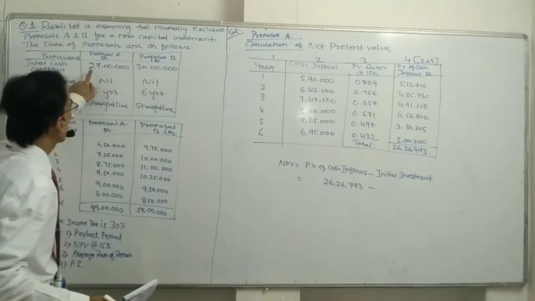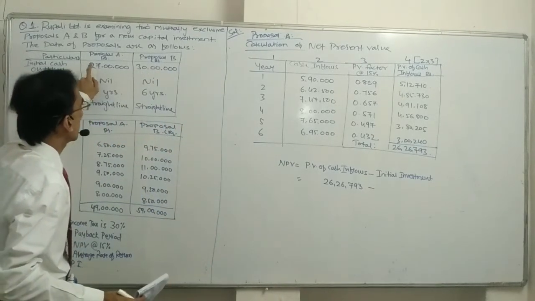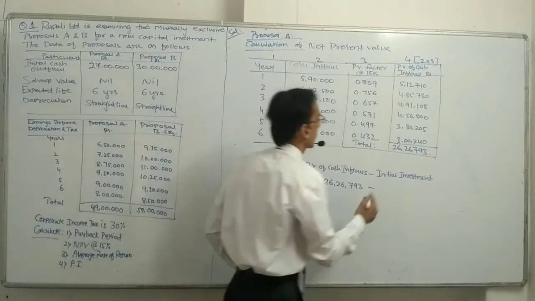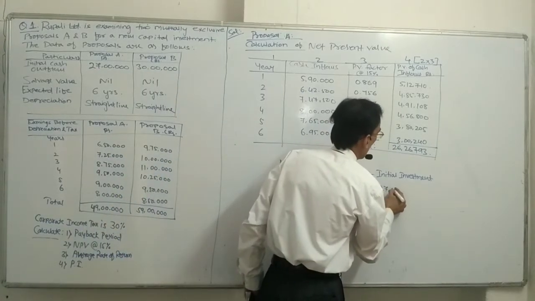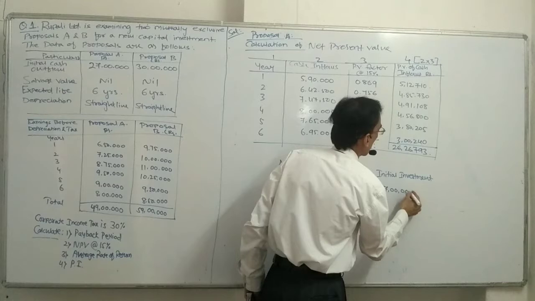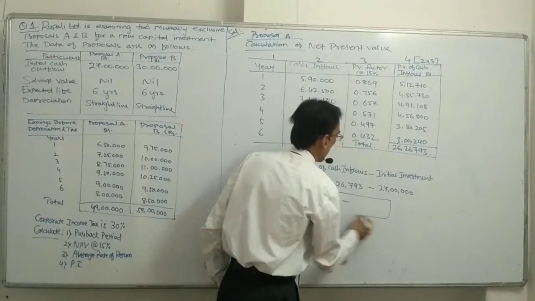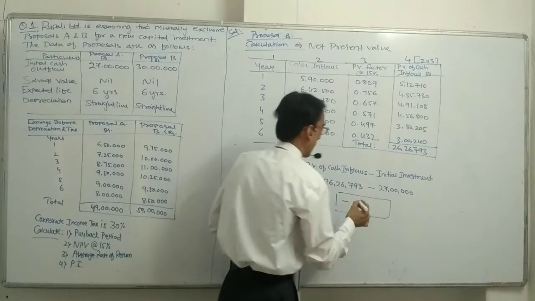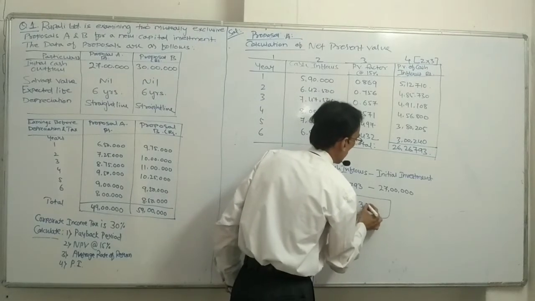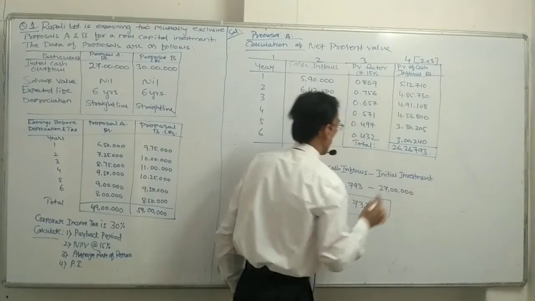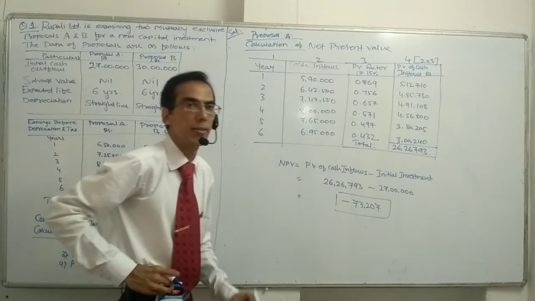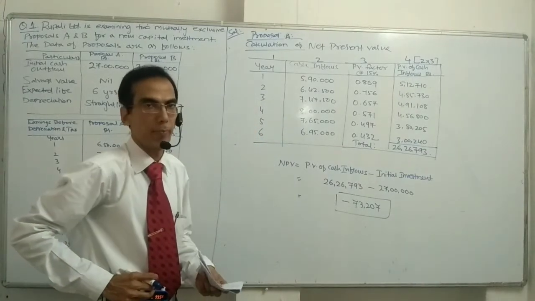The initial investment in the project is 27 lakh. Now the answer comes in negative, minus 73,207, and the NPV is negative.